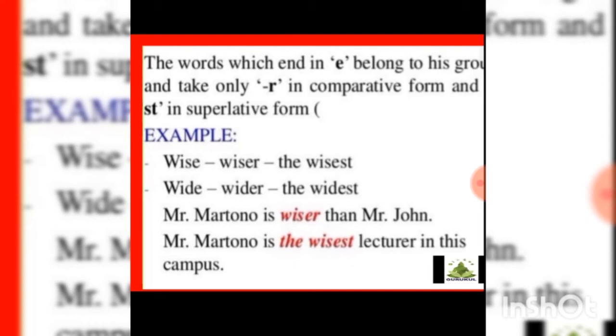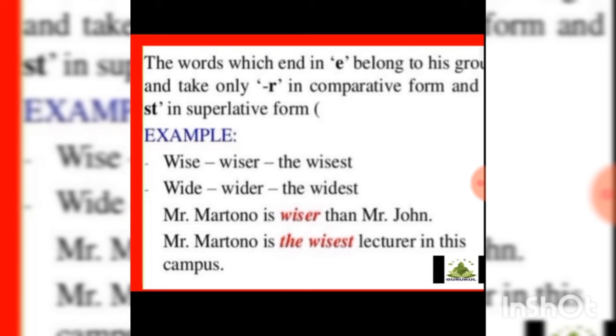So in comparative we add only R, and in superlative we just add S and T. Now you can see wise, wiser, wisest. In comparative we just added the letter R, and in superlative form we just added S and T. So it becomes wide, wider, and widest. You can see in the second example also, wide, wider, and widest.